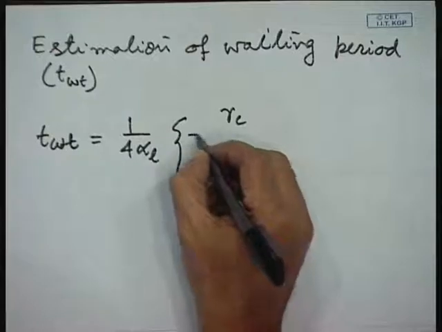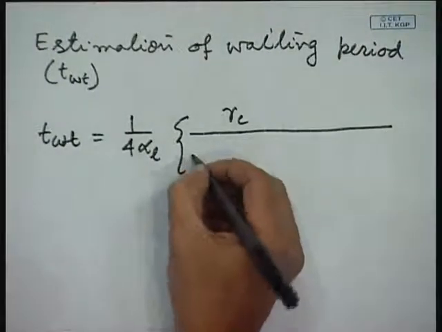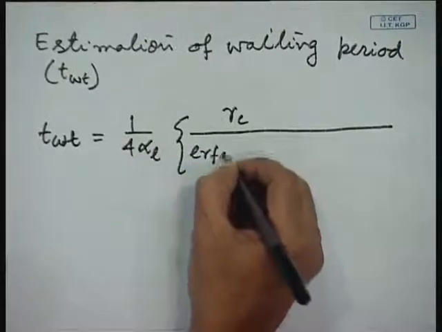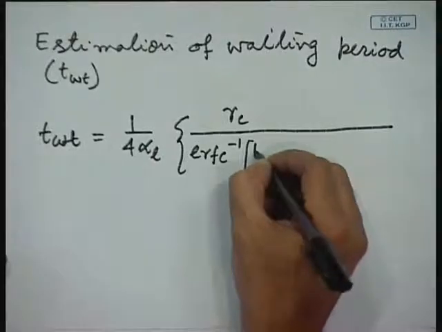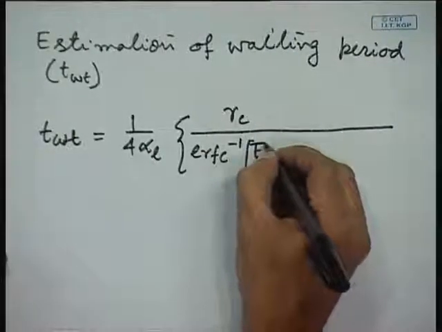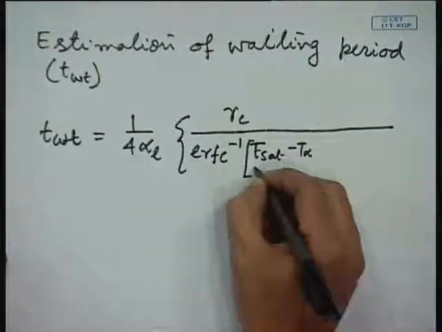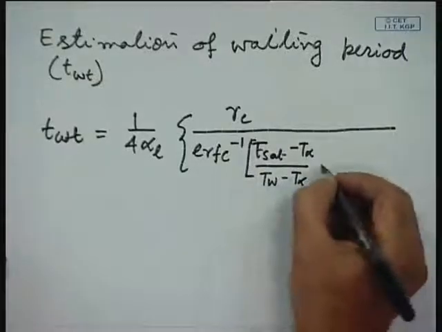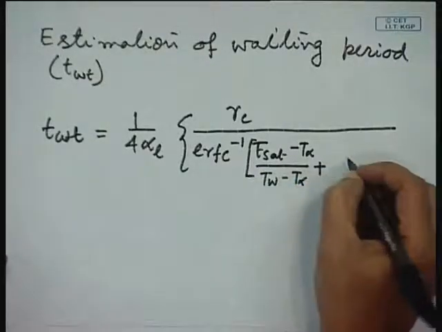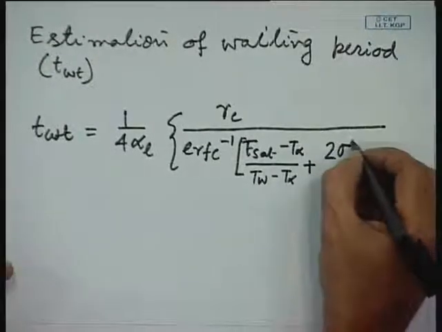Waiting time will be different for different cavity radius. This is T sat minus T infinity by T wall minus T infinity plus 2 sigma T sat.